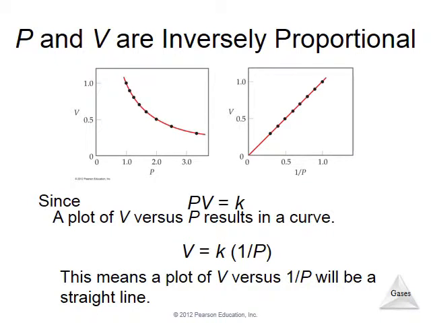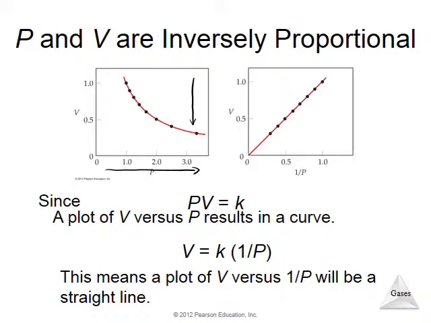Okay, so if you look at this slide, we've got a couple of plots of volume versus pressure. In the plot on the left, we've got pressure on the x-axis and volume on the y-axis, and you'll see that as the pressure is increasing as we move from left to right, the volume is decreasing. Okay? And so if we collect data from a gas in a balloon and we increase the pressure on that balloon, we should see the volume go down.